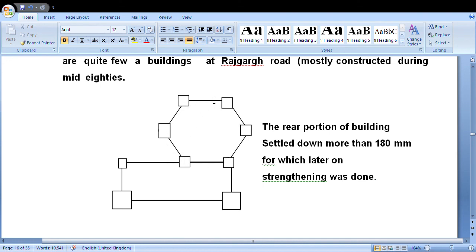It is a very big, massive building. The rear portion of the building settled about 180 mm, and in this portion there was no settlement. So later on, this building had to be strengthened by providing additional piles, additional rows and columns of piles outside the building, and making connection with heavy reinforced concrete with all columns and beams. Then it is now safe.